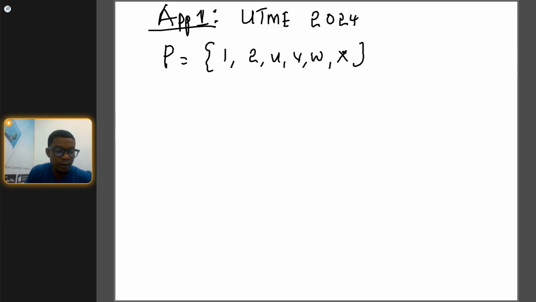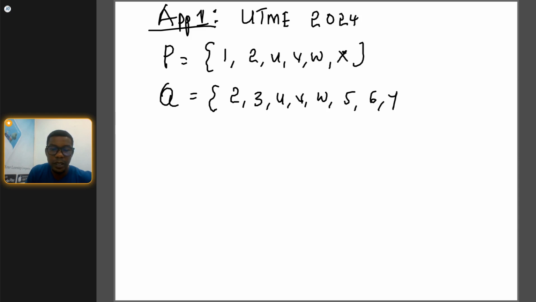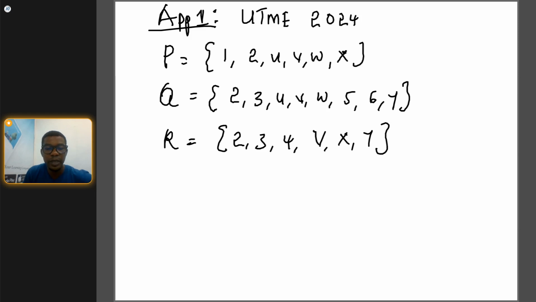All right, and we have another set Q, which is equal to {2, 3, u, v, w, 5, 6, y}, and we have R equal to {2, 3, 4, v, x, y}.